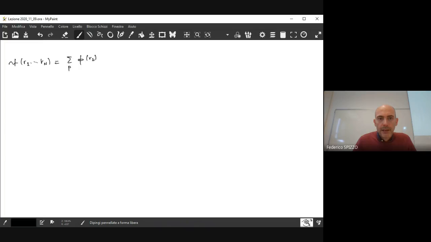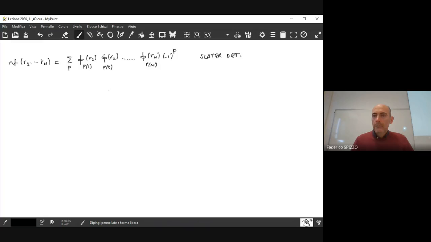And here we have, okay, so this is the structure of the Slater determinant.